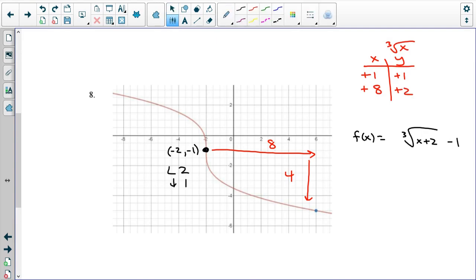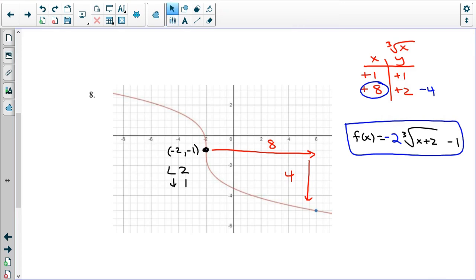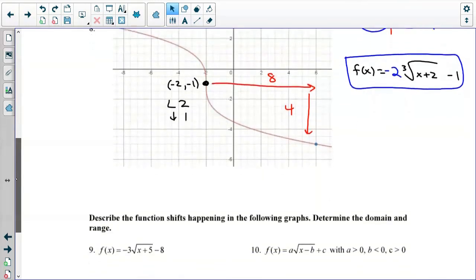Well, in this case, when I go over 8 on my graph, I'm actually going down 4. So that means that I'm getting this whole problem multiplied by -2. My vertical stretch is -2. That means my function is f of x equals -2 times the cube root of x plus 2 minus 1. Left shift 2, down shift 1, vertical stretch 2 with a flip. So that's why it's -2.